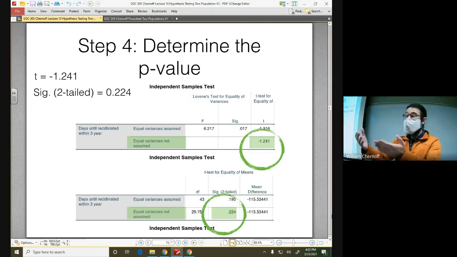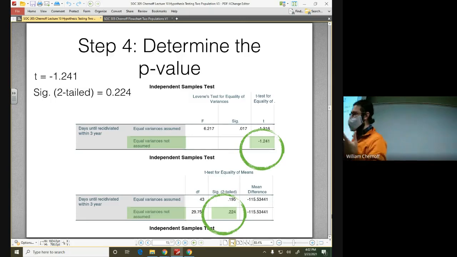So SPSS is going to do some work for us. It's going to give us some numbers, some statistics, but we still have to do a little work on our own. We want to get that p-value so we can make a decision about that null hypothesis. SPSS is going to get us some of the way there, but sometimes it's wrong. We can't trust SPSS all the time.